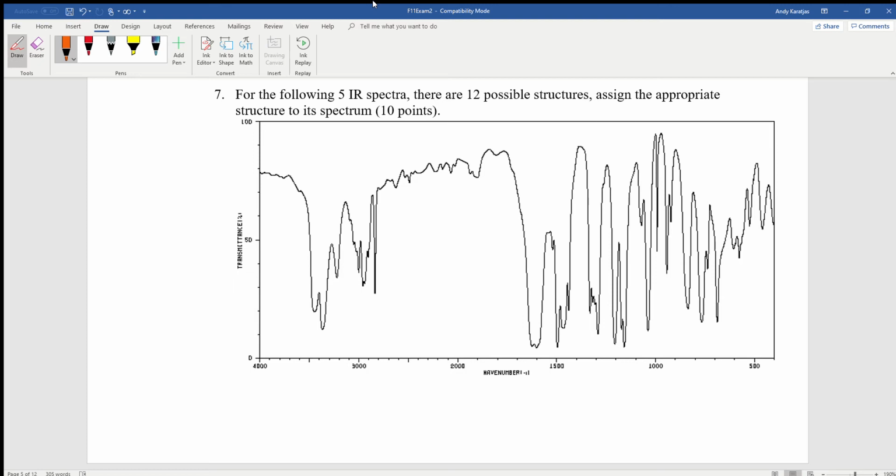So what we're going to do here is unfortunately going to be a lot of scrolling back and forth. The way I'm going to approach this is that on each one of these spectra, we'll look at the spectrum, see what's important in the spectrum, then we'll scroll down to the possible structures and see where that leaves us.